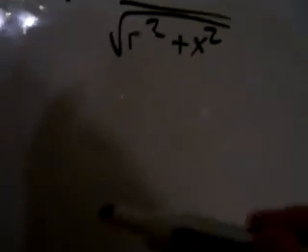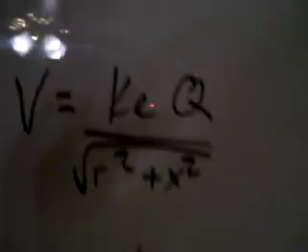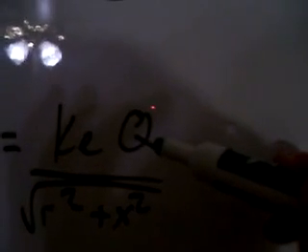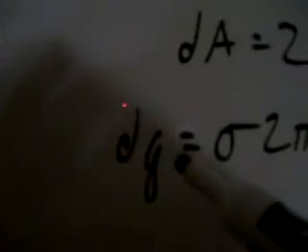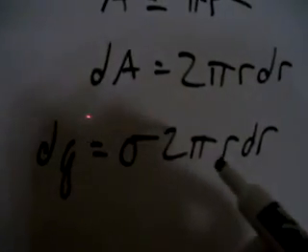And we would do that by setting it up like this. It's going to be an integration, and we know where we're integrating over. We're going to go from a all the way to b. So a to b. And we're going to be doing, instead of big Q, we're going to be using dq. But we already know what dq is in terms of r. Got that right there. So I'm just going to plug that right in.